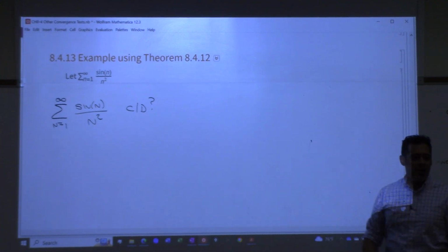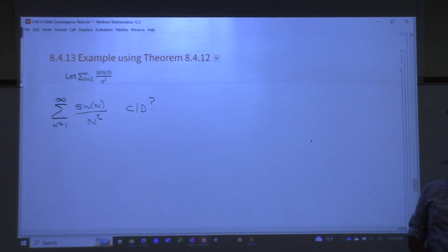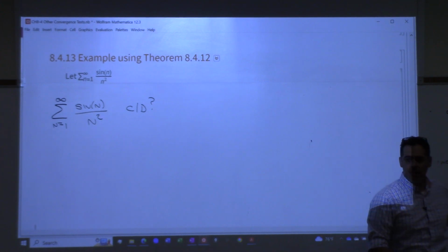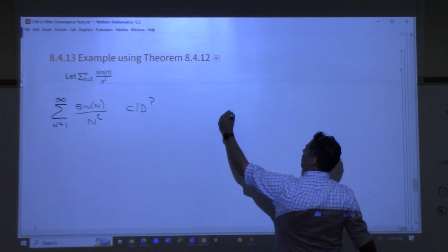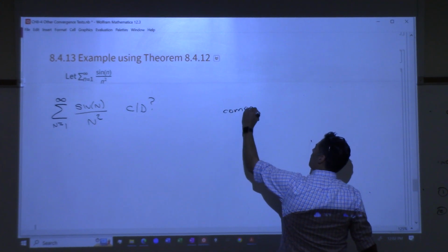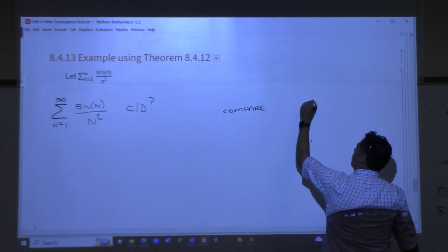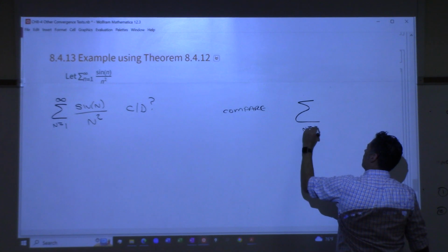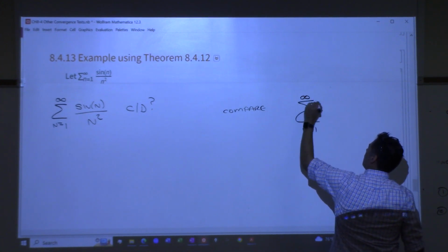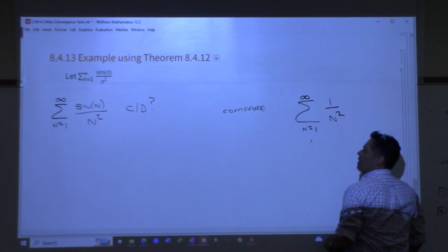I'm trying to figure out what that does, right? I would like to compare it to something. I think that looks a lot like 1 over n squared. It does, right? I'd love to compare it to something. So I'd like to compare this with that, but I can't.